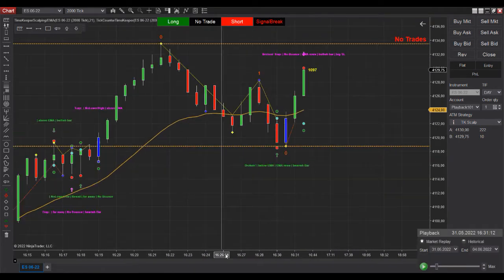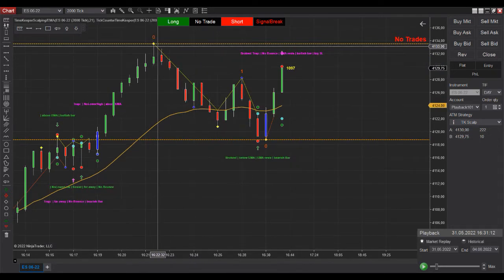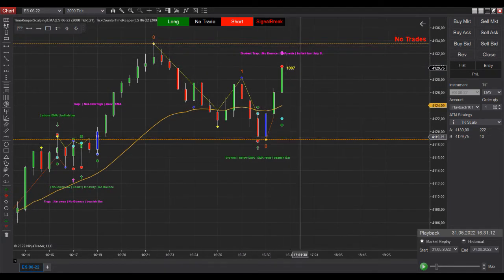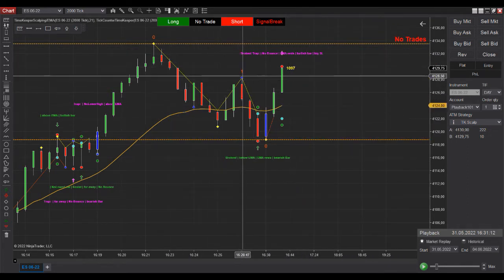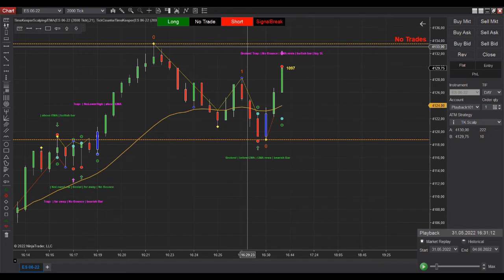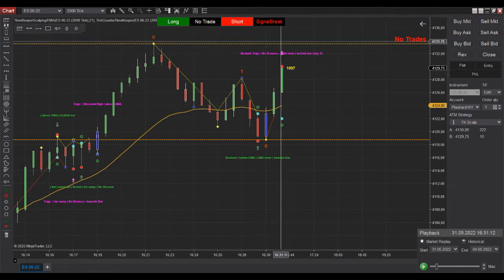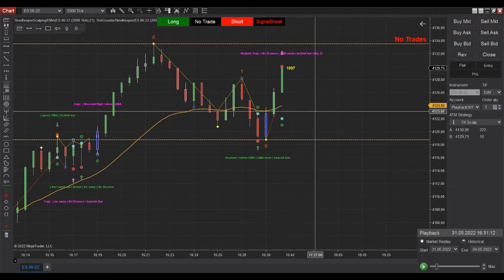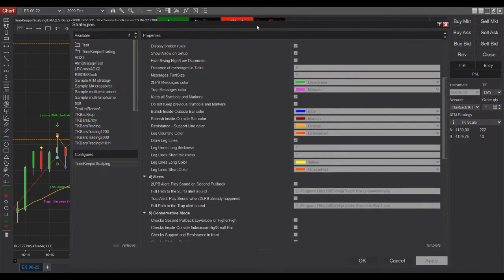It will automatically track, as you see here, the most recent swing highs and swing lows with this line here. If you have a setup and it would cross here, you can tell the system that it shouldn't take the trade through these lines as resistance and support. And there are some other ones here.